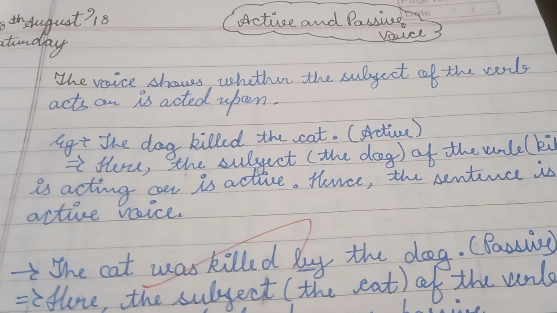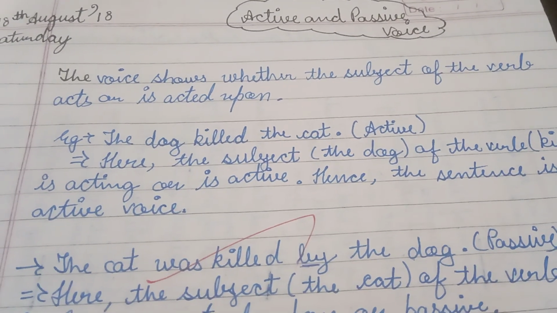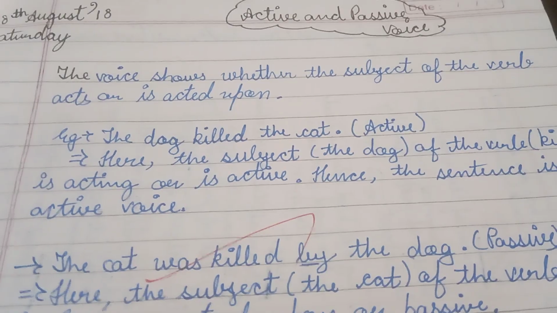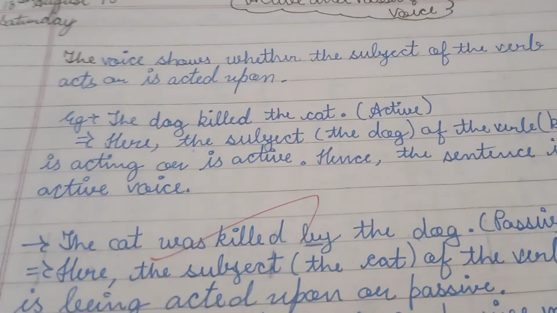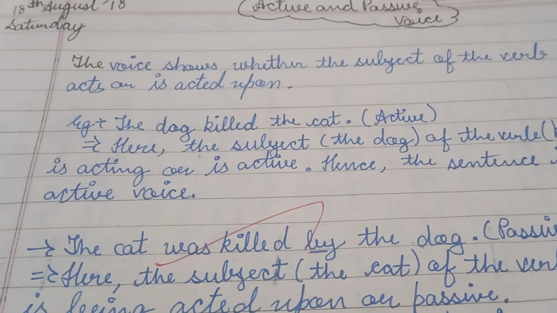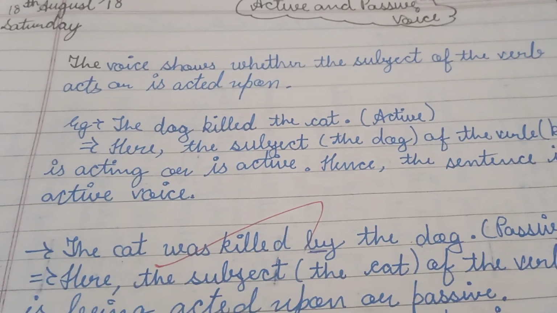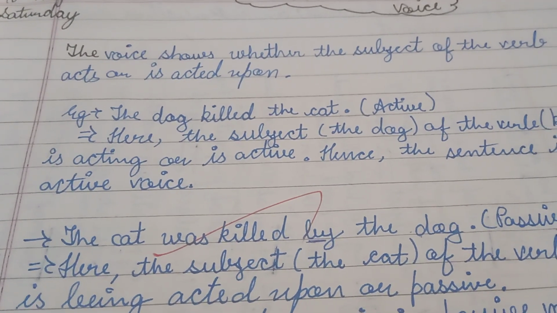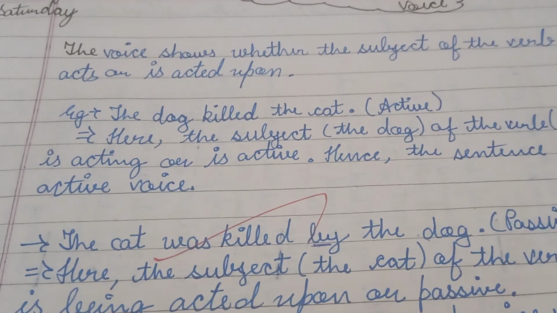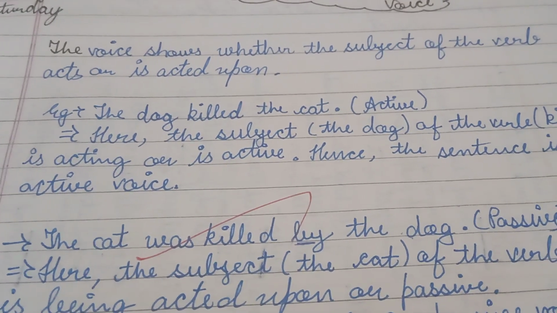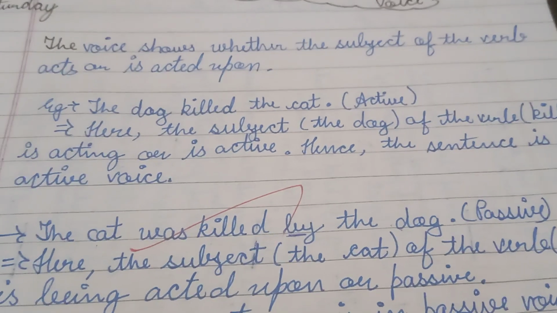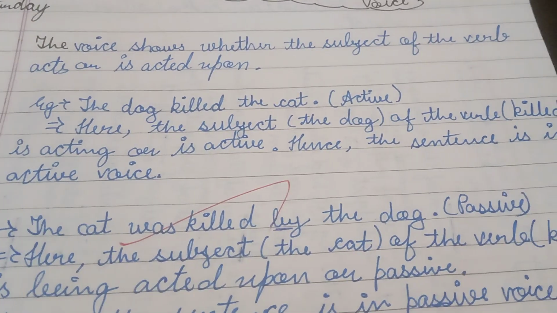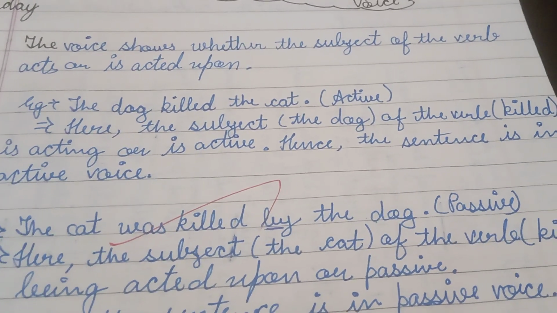Active and passive voice. The voice shows whether the subject of the verb acts or is acted upon. For example, if I take a statement, the dog killed the cat, it is a simple statement of past tense in active voice. Now, how do we know that it is an active voice? Because here the subject, which is the dog, is the subject of the verb killed.